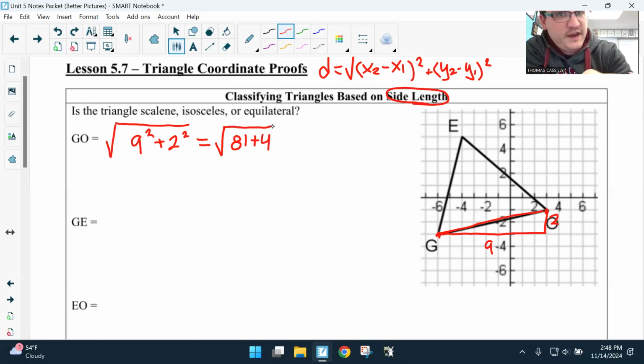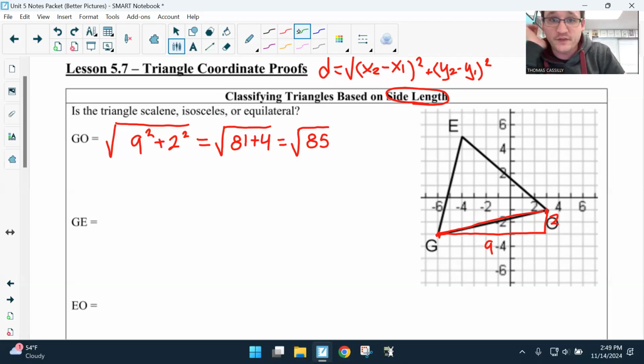Then let's add everything on the inside, which gives us the square root of 85. If you throw that in your calculator, the square root of 85 is some really ugly decimal. No one knows what that is, so we're just going to leave it as the square root of 85. That looks a lot cleaner than 9 point something. So the length of GO is the square root of 85.